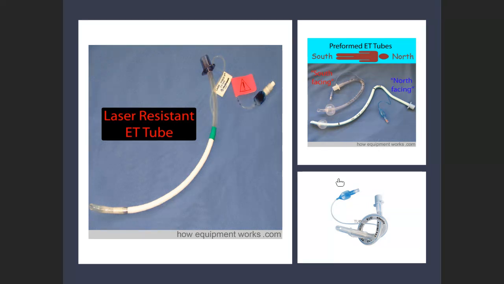Yes, that can happen. Actually, you can have an airway fire.